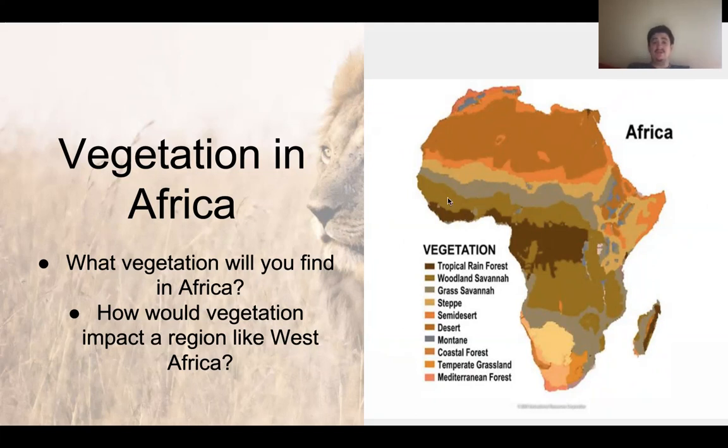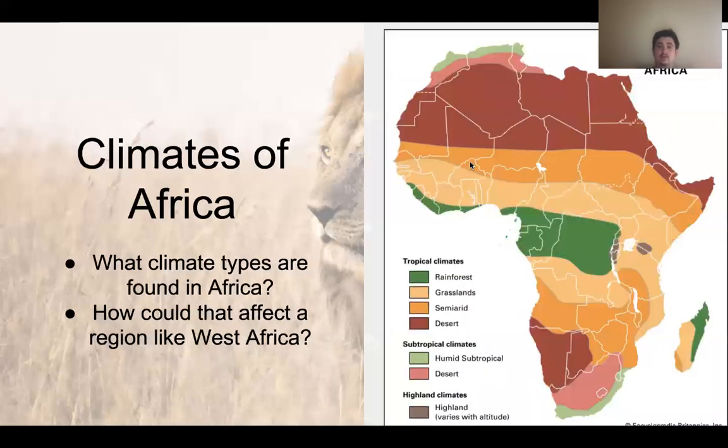Now, as you get into the savanna region, the steppe region, you lose vegetation because vegetation is tied to how much rainfall you get in a year. So the less rain you get, the less vegetation you can support. The more rain you get, the more vegetation, which is why you get tropical rainforest along this portion. And then if you go up here to this semi-desert and desert, you lose the vegetation because those are your drier areas.